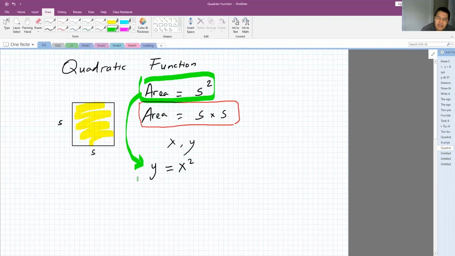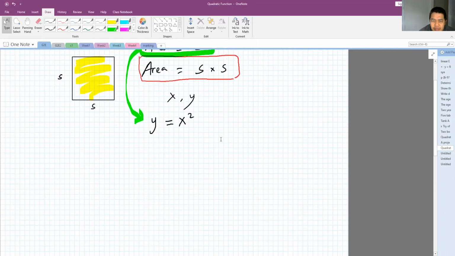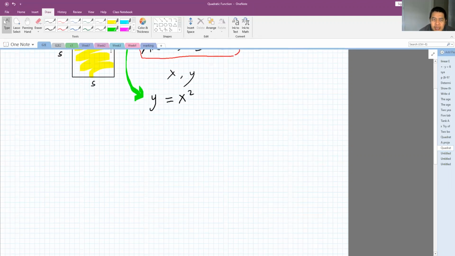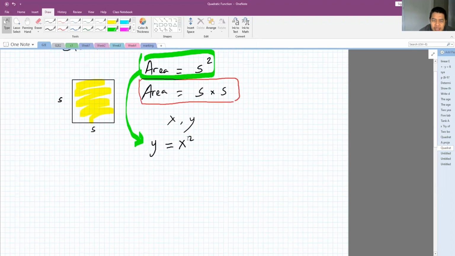The area equals s squared, and now I'm using the notations x and y instead of writing area and also the sides. I'm writing like this, y equals x squared.